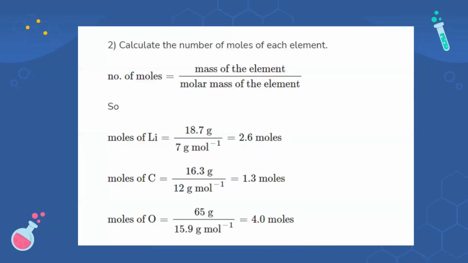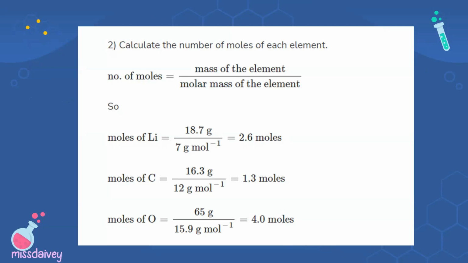Step 2. We have to calculate the number of moles for each element. The formula to get the moles is number of moles equals the mass of the element divided by the molar mass of the element. So the moles of Li in the given is 18.7 grams divided by the molar mass, which is 7 g/mol, and that would equal 2.6 moles.